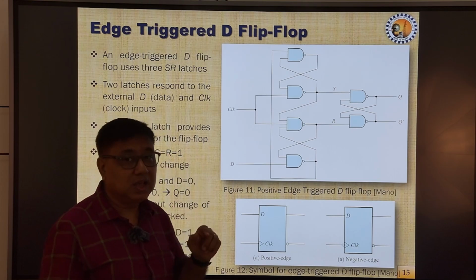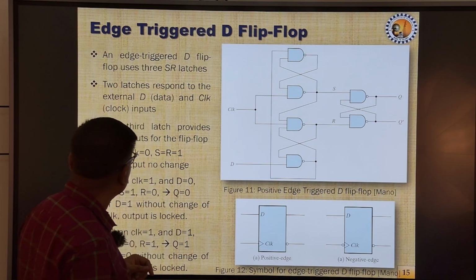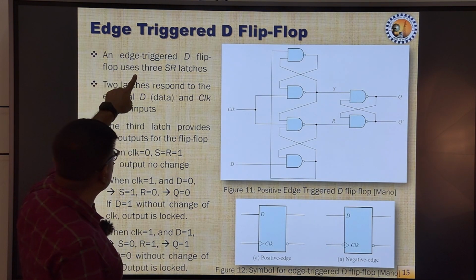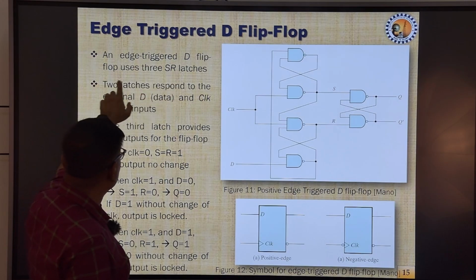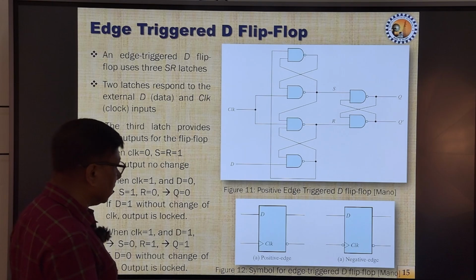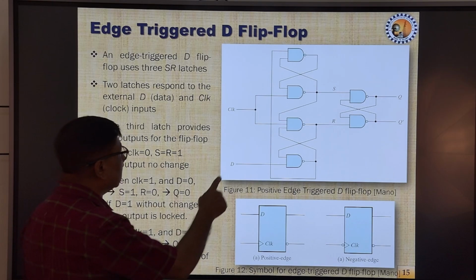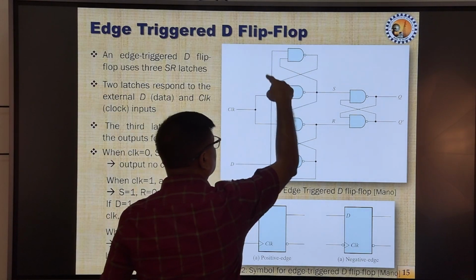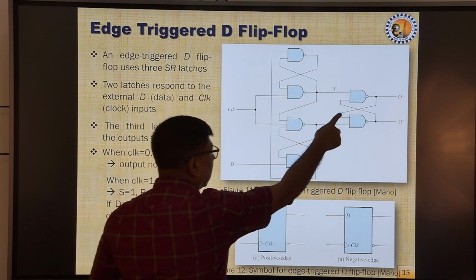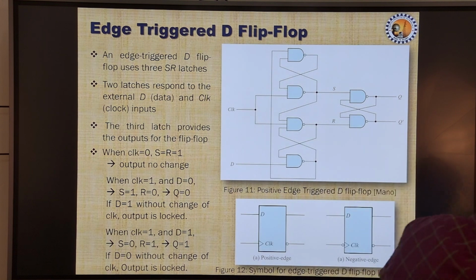So let us see how it works. An edge triggered D flip flop uses 3 SR latches. As we can see, this is one latch, this is another latch, and this is the third latch.